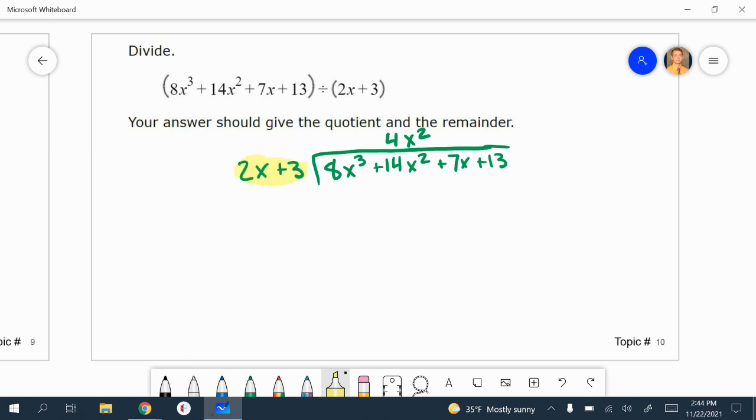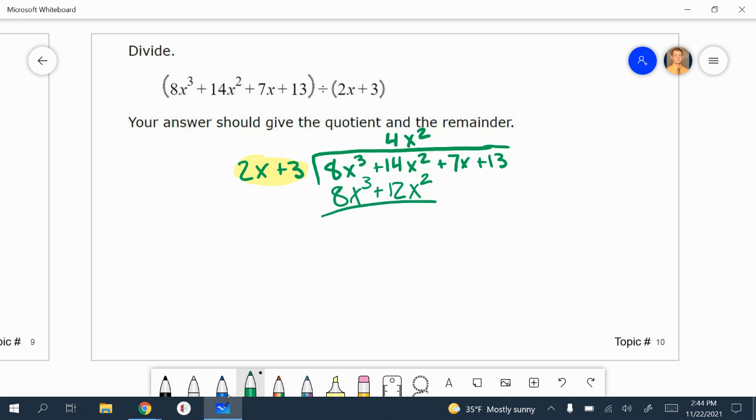When I multiply it back into that highlighted spot, it's going to be 8x to the third. And then when I multiply the 4x squared with the 3, I will get 12x to the second.